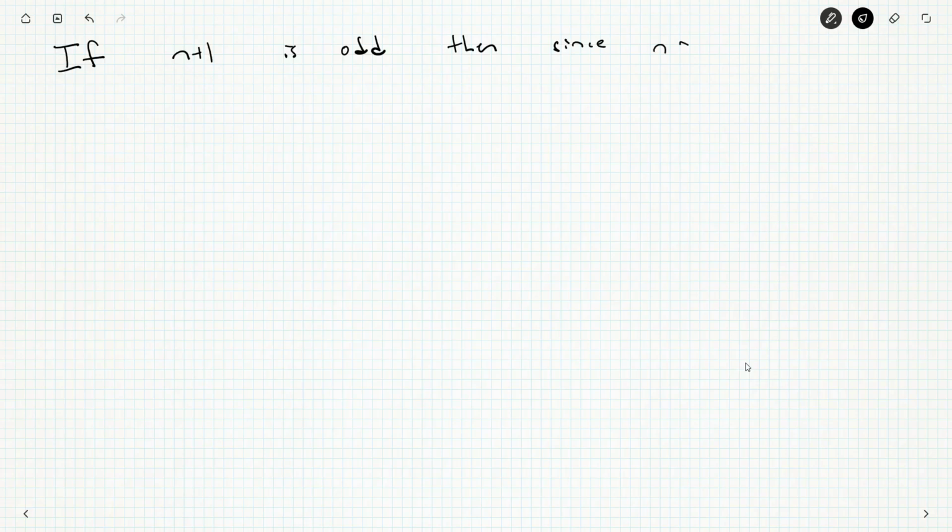So now, if n plus 1 is odd, then since n has to be greater than 3, what have we got here? So n has to be greater than 3, so it's at least 5.